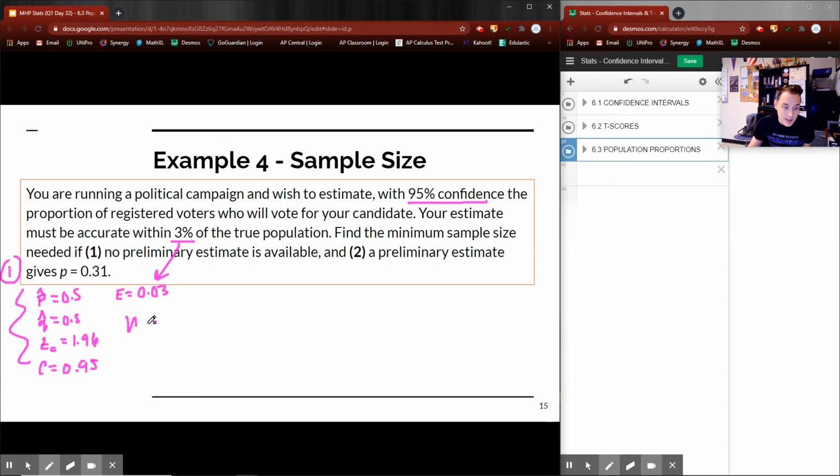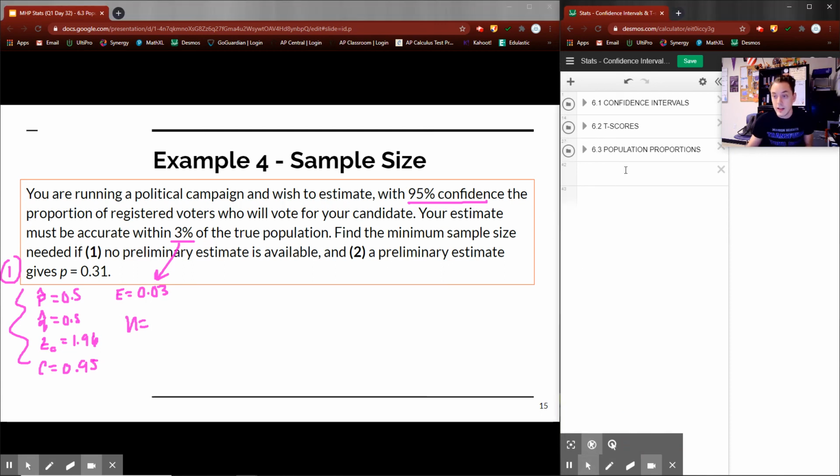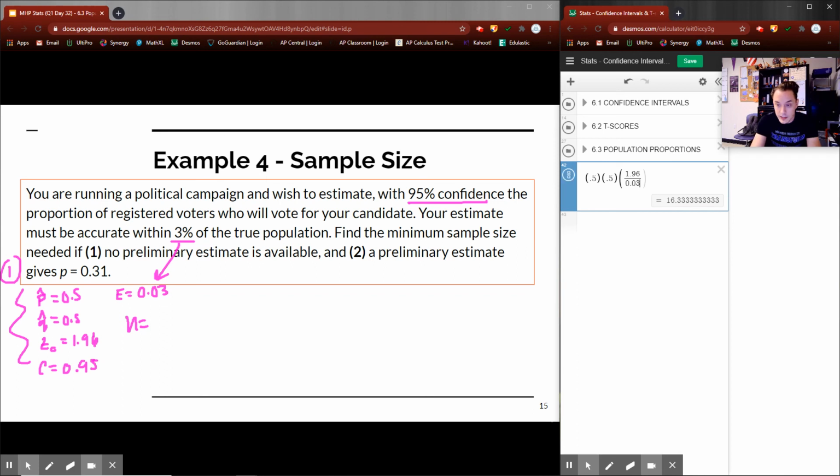So let's type this in. I'm going to say n equals all of this monstrosity, following my formula. So are you ready? Follow your formula that you wrote down. I'm going to first type in my p-value, so 0.5, and then my q-value, so 0.5, right? Perfect. And then I'm going to type in my z-score value, so at the top, 1.96. And then on the bottom, I have my E, which is 0.03.